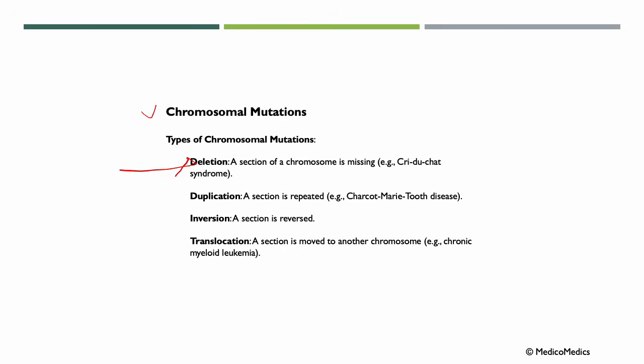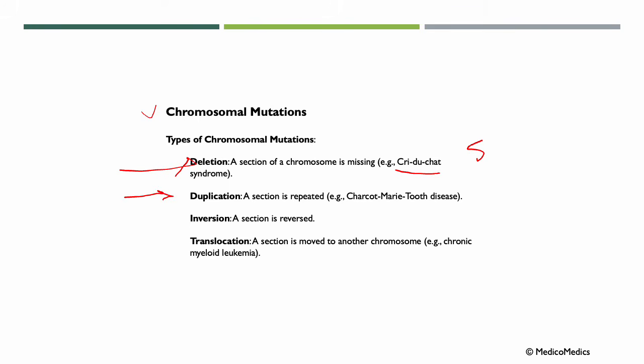An example could be deletion. So a portion of the chromosome is missing or lost, leading to absence of genetic material. An example is Cri-du-Chat syndrome, caused by a deletion on chromosome number 5, and it leads to intellectual disability and a distinctive high-pitched cry in infants.